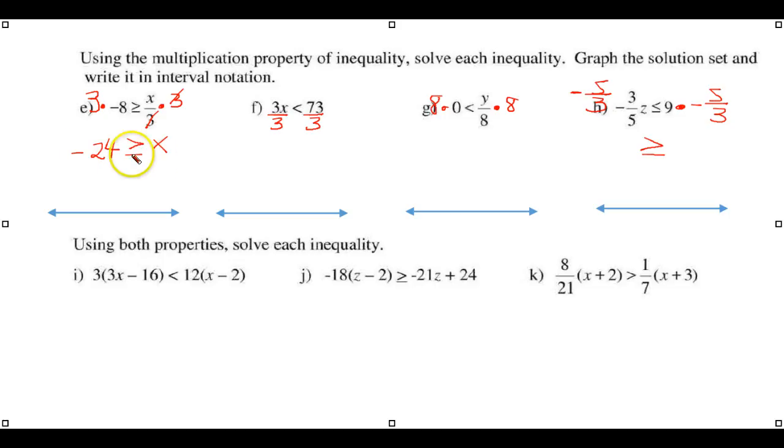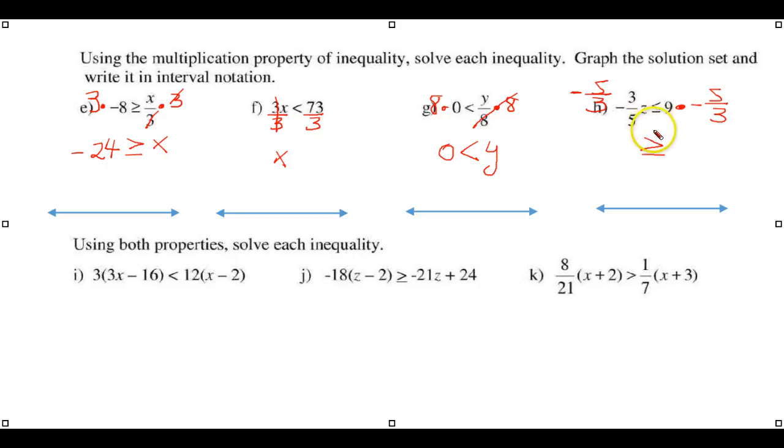And I would write that the other way to graph it and use interval notation. Here I'm dividing by the coefficient of x, and this will just be x is whatever it happens to be. Here I'm dividing both sides, or multiplying both sides by 8, and I just get 0 is less than y. Again, I would write that the other way.